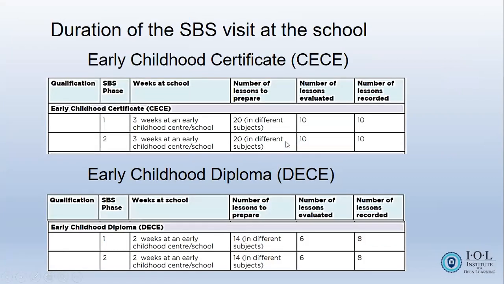So let's look at the duration of your SPS visit at the school. If you look at the early childhood certificate, we see that there is year 1 and year 2, then 3 weeks and 3 weeks, 20 different subjects, and the number of lessons to be evaluated is 10, and the number of lessons to be recorded is 10. So you will have 20 lessons that you have written out, of which you can present all 20, but the number that needs to be evaluated is 10.